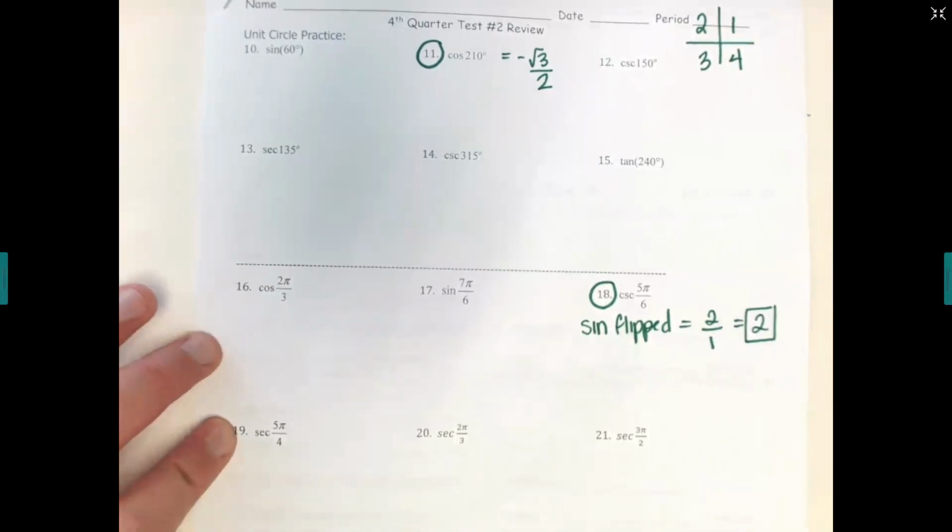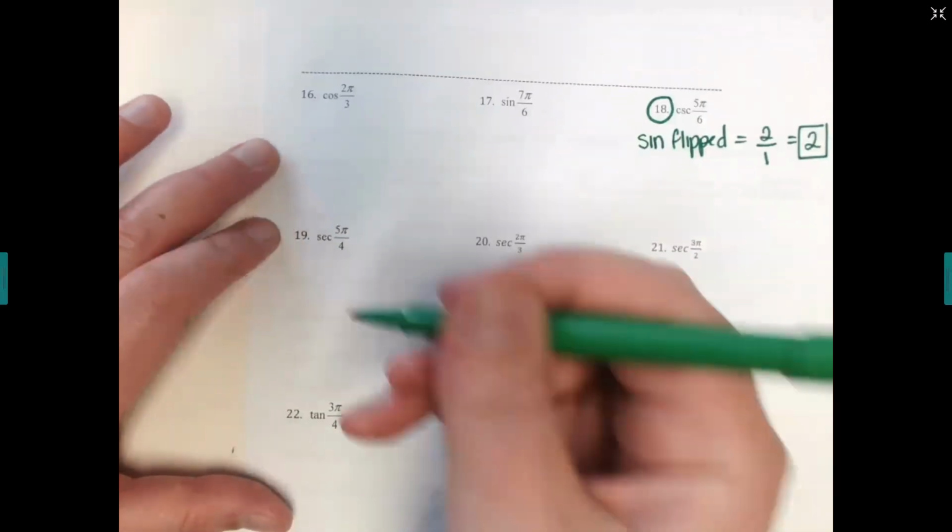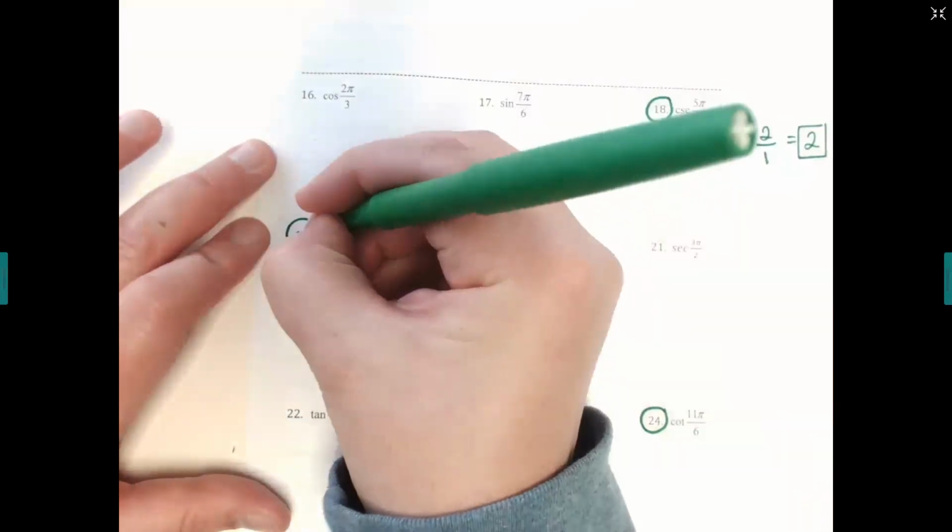Now, I should have maybe picked a different example, but if you flip it and a square root ends up on the bottom, do you remember how to fix it? Okay, good. So maybe let's do one of those if we can find one. Let's do number 19. Okay, number 19, I want secant 5 pi 4ths.